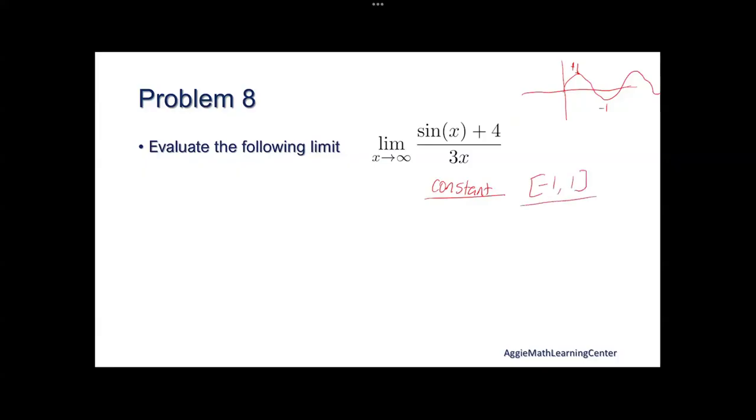The limit as x approaches infinity on the bottom, 3 times infinity is just some flavor of infinity. So we're going to have a pretty constant number up top, and then something approaching infinity on the bottom. A number over some infinitely large number, that's just approaching 0, right?